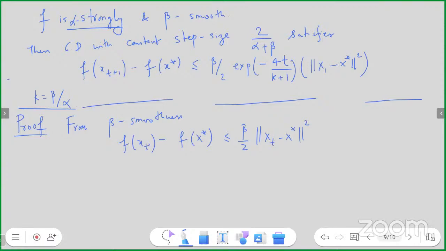So the integration that we wanted to do on xt plus 1, we have not gone there yet. I'm just saying beta smoothness gives me this. Why is this true? Do you see why this is true? Can you tell me? It's good to go slowly. Take your time. No hurry.